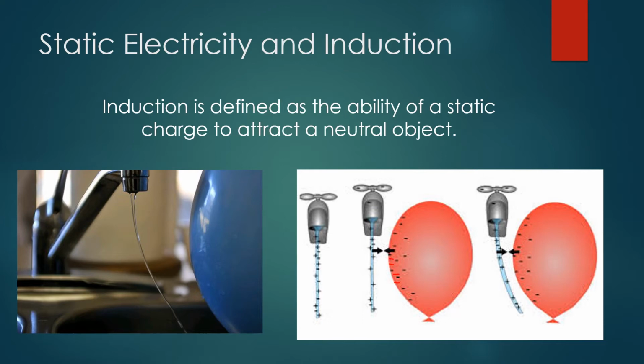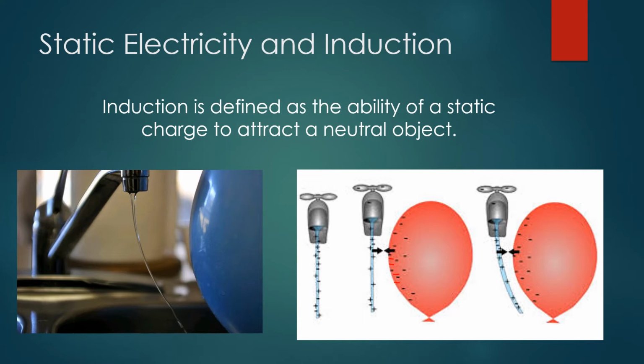Now, if you bring that charged balloon near a small stream of water from your faucet, that small stream of water is neutral. What that means is it has the same amount of positive and negative charges in it. So by bringing that negative balloon towards that neutral stream of water, you're going to induce the opposite charge. In this case, you're going to induce a positive charge.